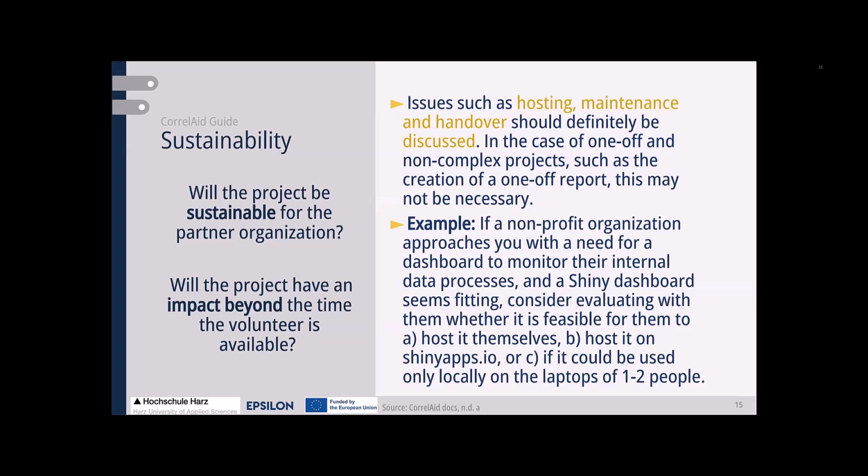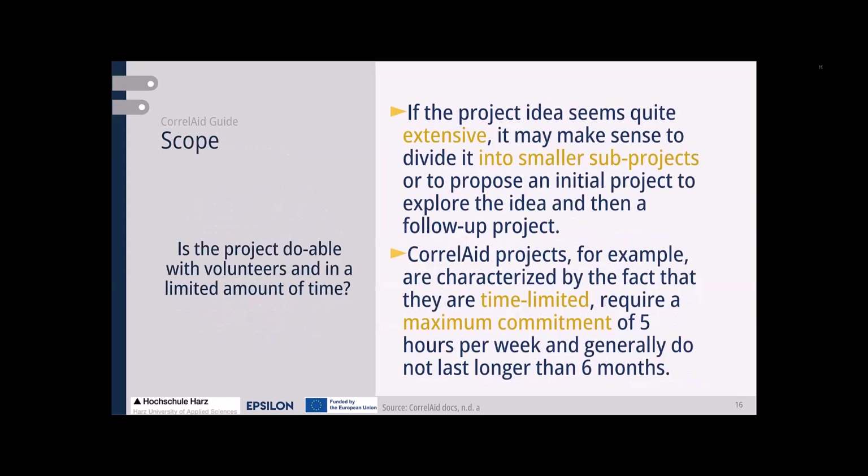Are you able to work with the app or the programming language a data scientist works in? Or if you're not able to, you should have the opportunity to contact people who might help you with that, besides the volunteer who created it. So these are the questions you should ask yourself if you're a nonprofit organization.